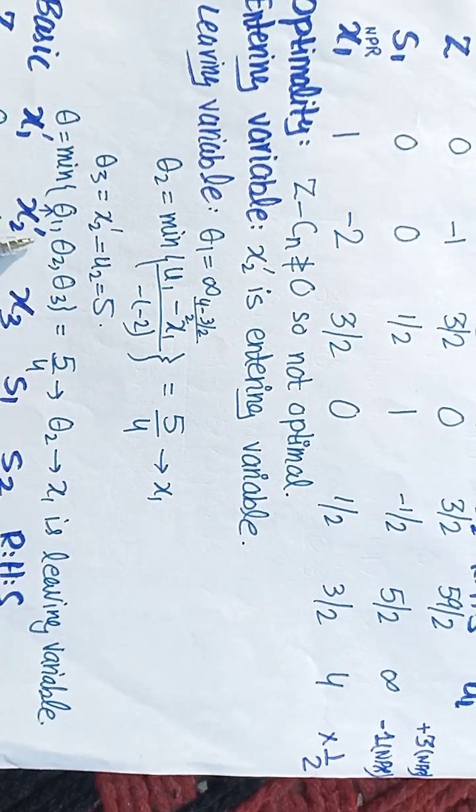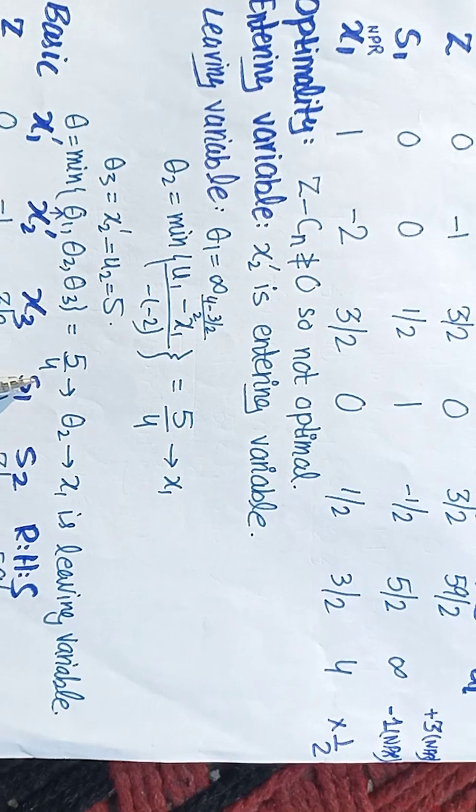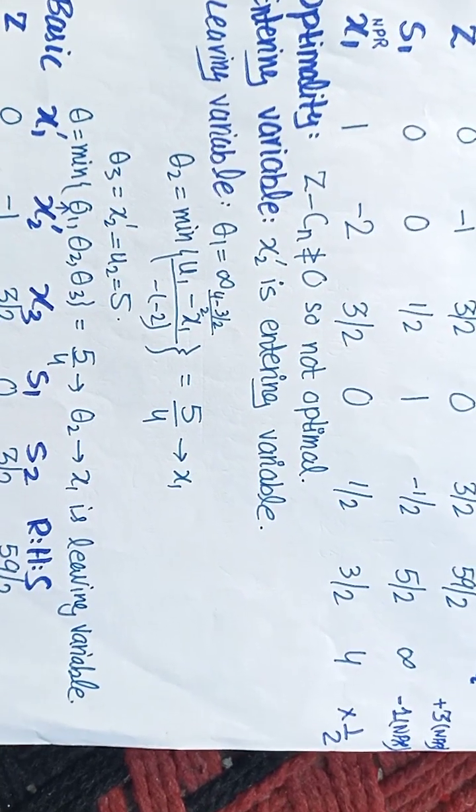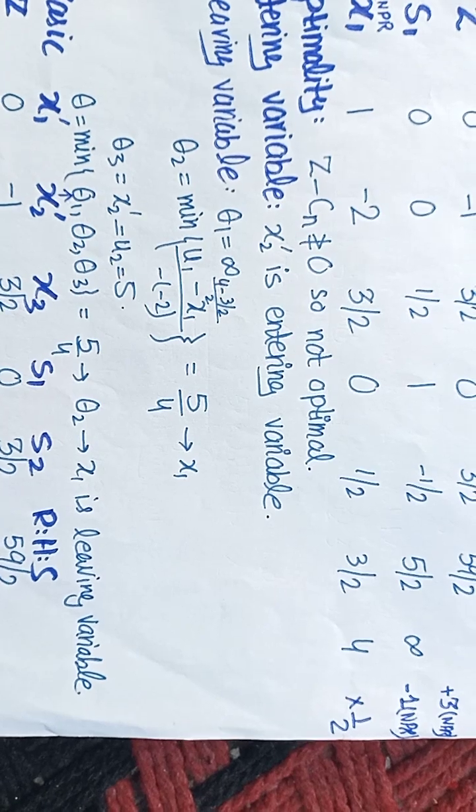Theta is the minimum of theta1, theta2 and theta3. 5 over 4 equals theta2. x1 is the leaving variable.